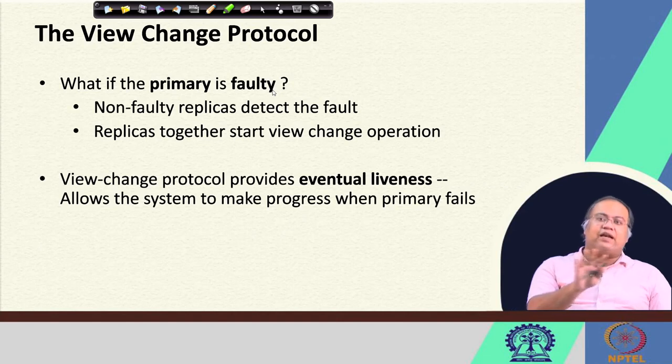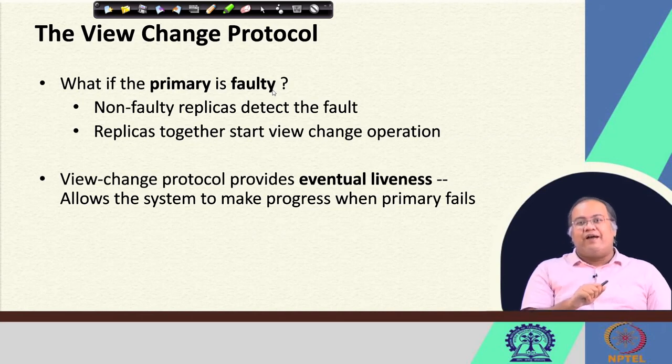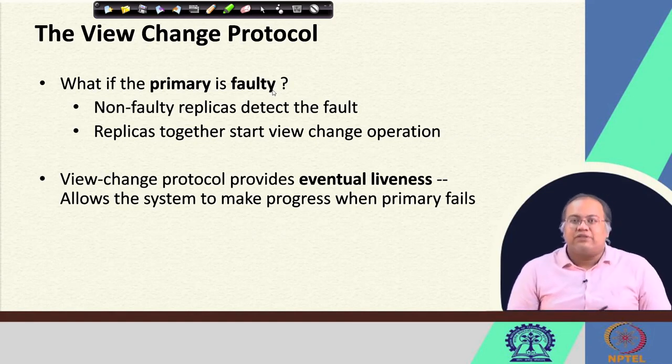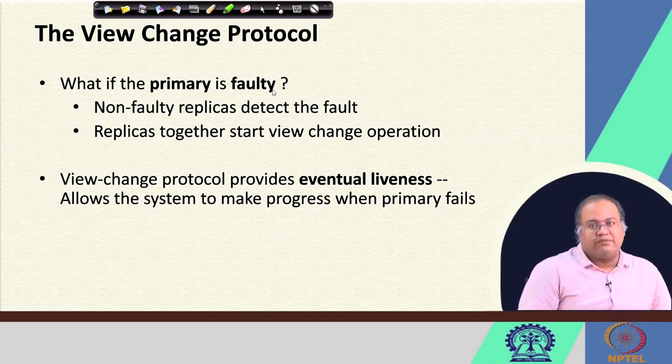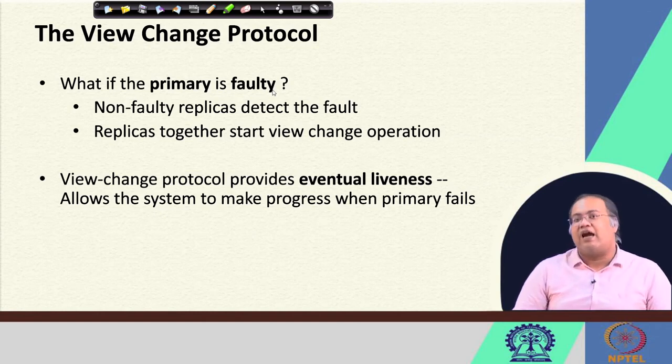It is not that I am dead; you will eventually receive a message from me. So we can keep sending such periodic messages, typically called heartbeat messages, if the primary does not have any further message to send.